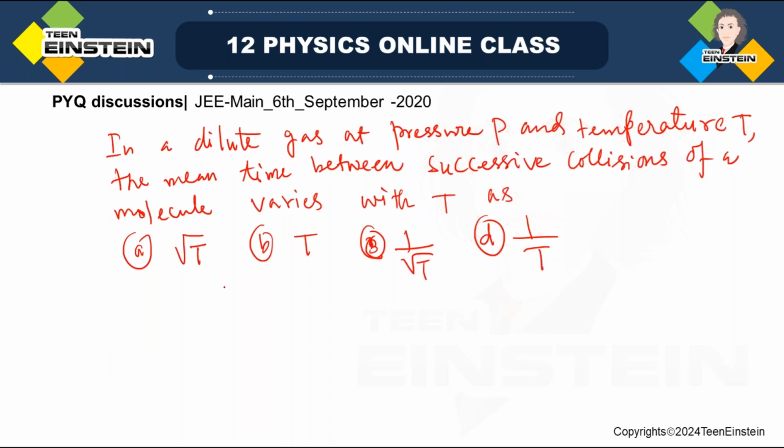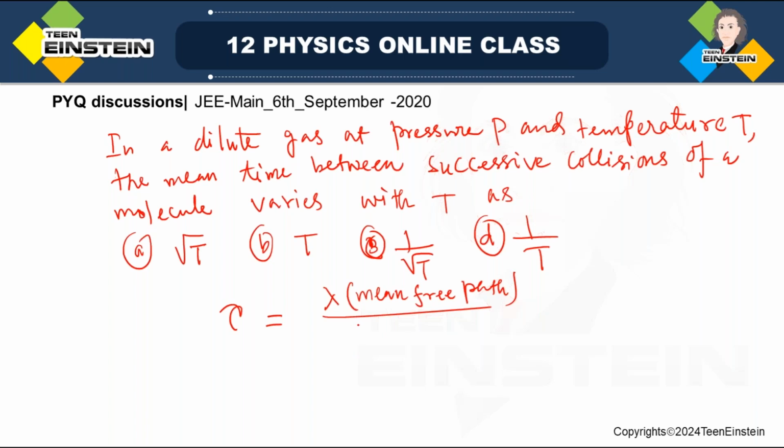See, collision time, okay, mean collision time tau, that is relaxation time, which is actually lambda, that is the mean free path length, divided by mean velocity or RMS velocity you can take.